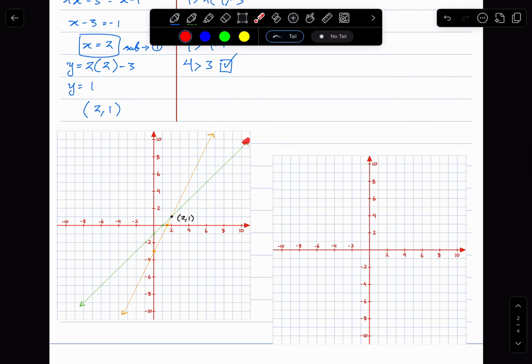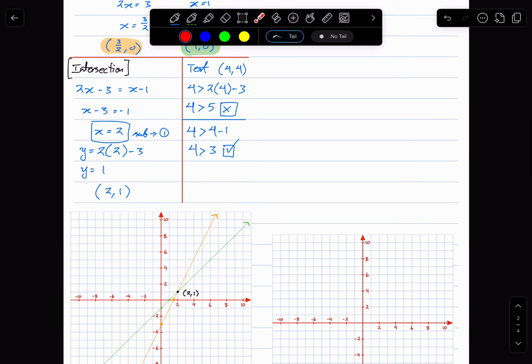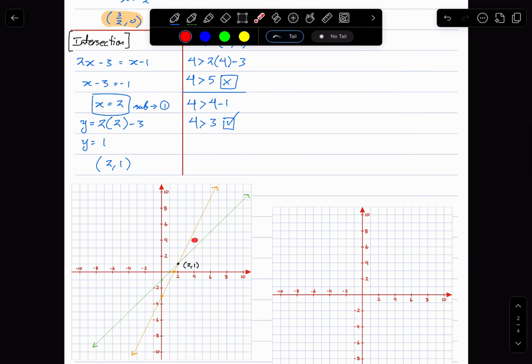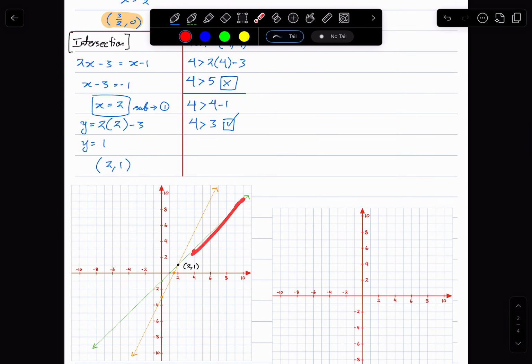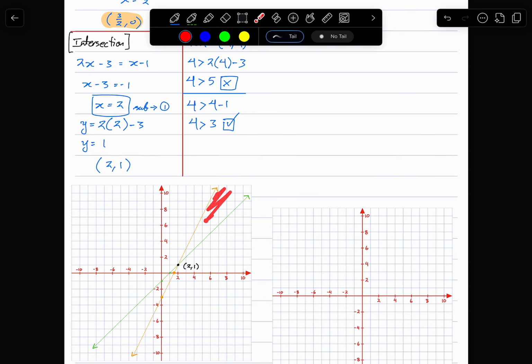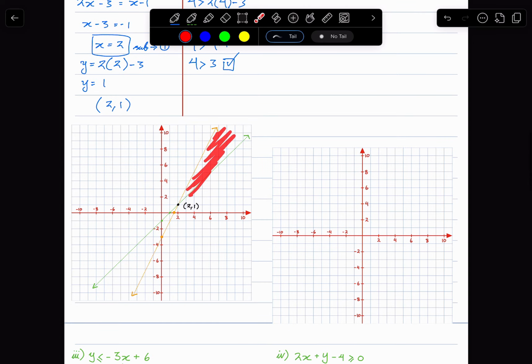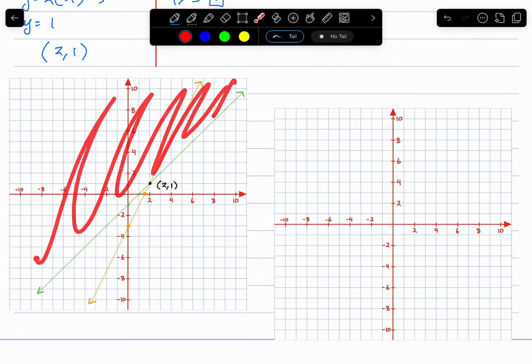Which one did we test it for? For the green, my apologies, it does work here. So we know it's going to be above the green line. It's somewhere here, but it's not below this one. Because we tested (4, 4), we wouldn't be sketching below the orange, but we do sketch above this one.